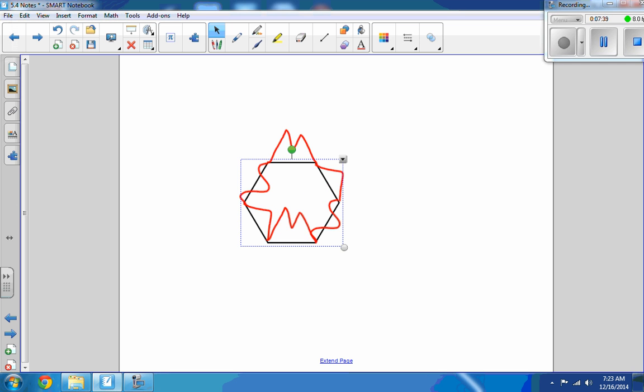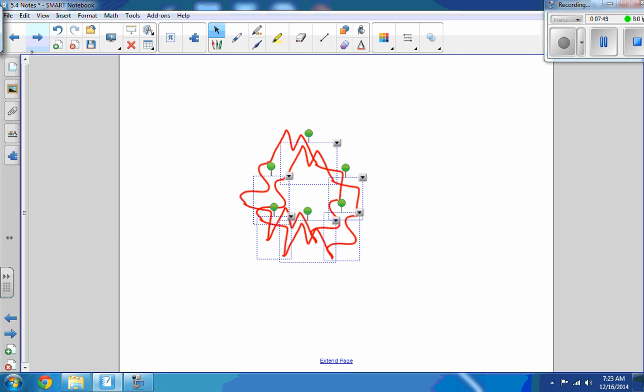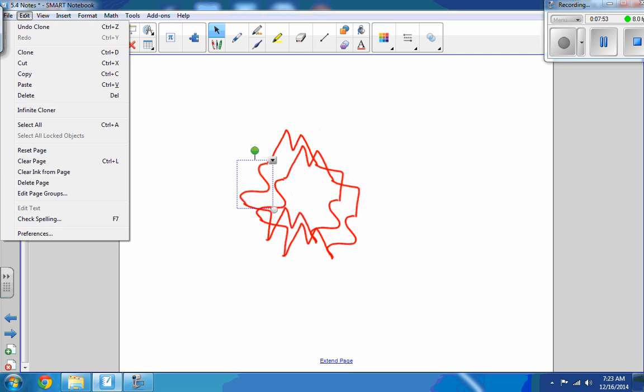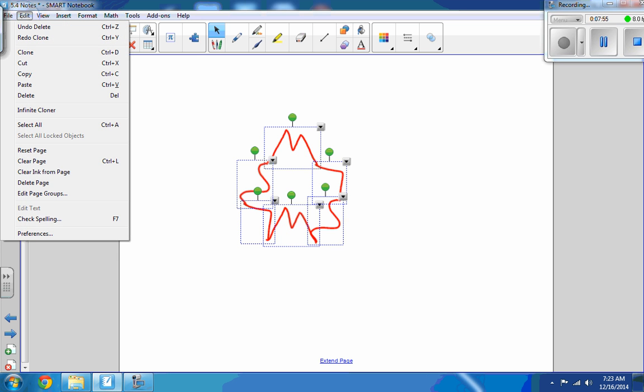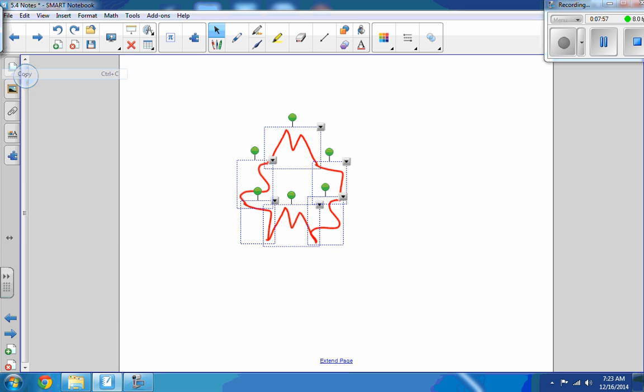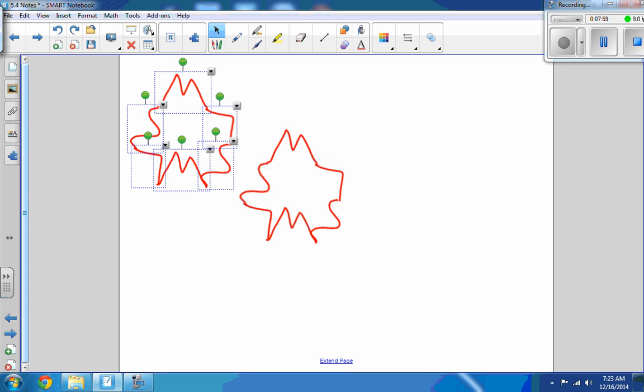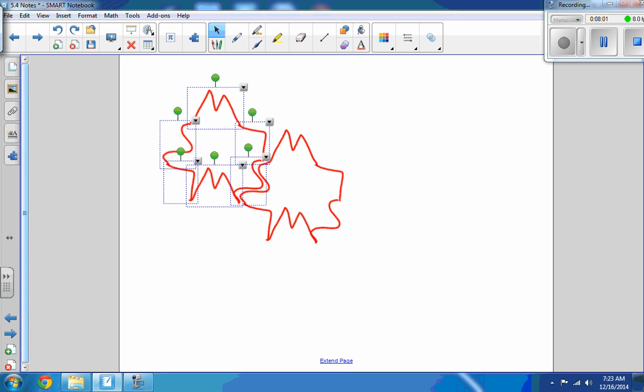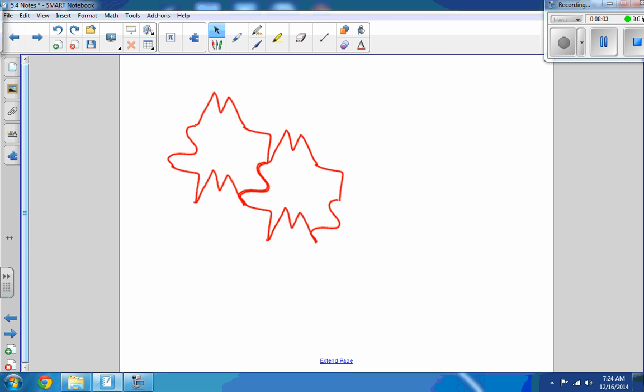Take away the hexagon. And there we go. This shape looks really odd, but it will tessellate. And it links in like that.